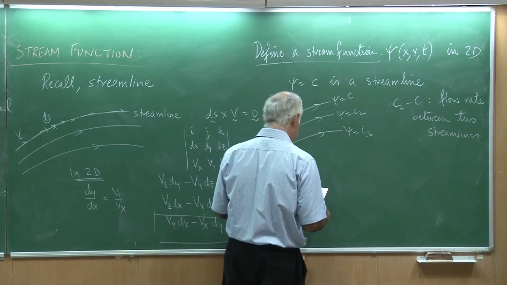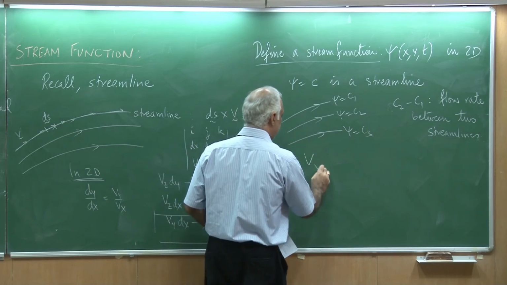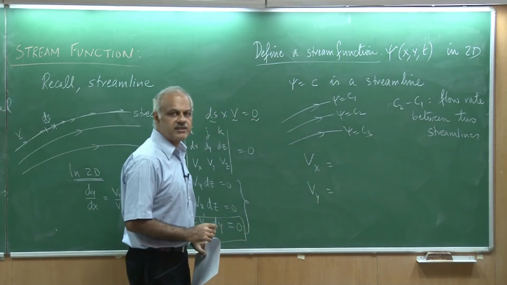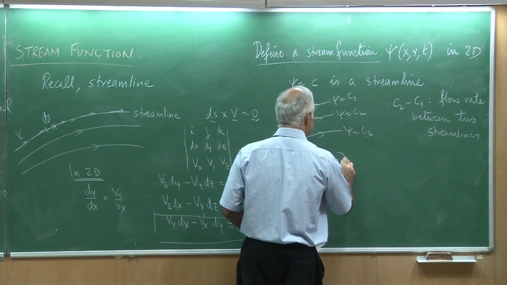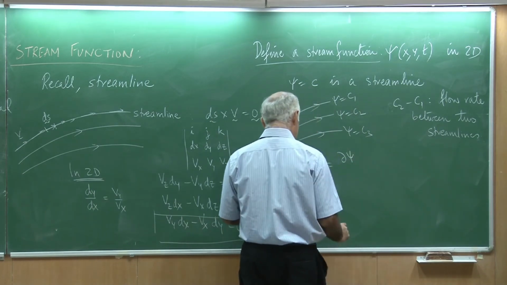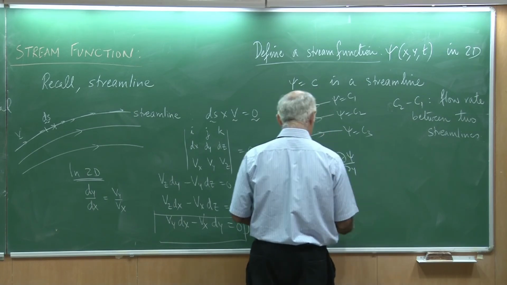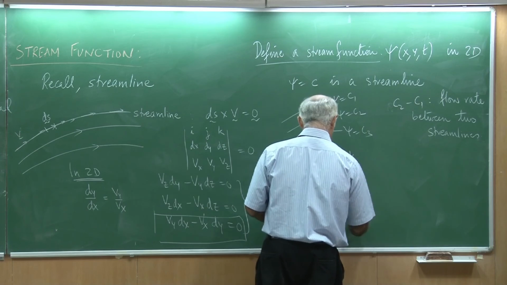So in 2D, one can show that I can relate Vx and Vy to the stream function, and I am just giving you the definition. So Vx is given as del psi by del y, and Vy is minus del psi by del x.